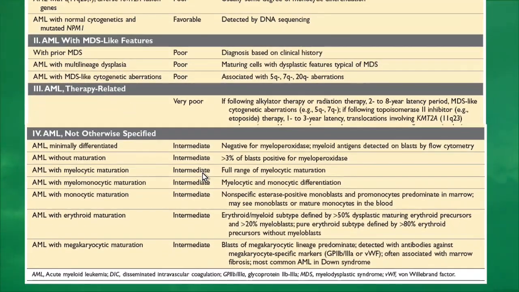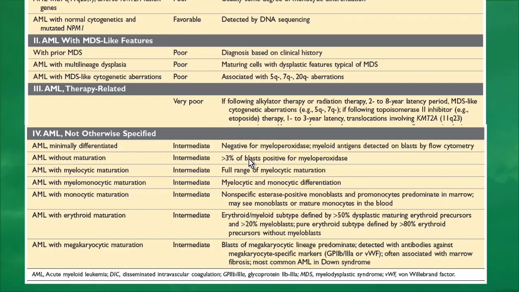Rest everything is classified as AML NOS. Now coming to AML NOS, it's almost the same as the FAB classification, as you will see later. AML minimally differentiated, without maturation, myelocytic, myelomonocytic, erythroid, megakaryocytic. Each has its own features, and all of these have intermediate prognosis.